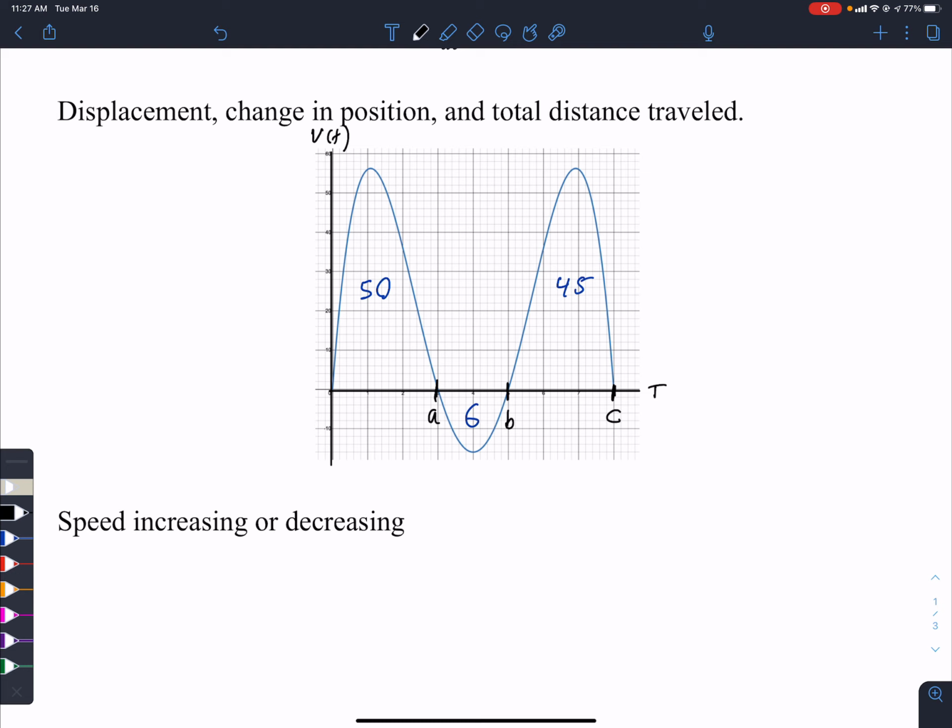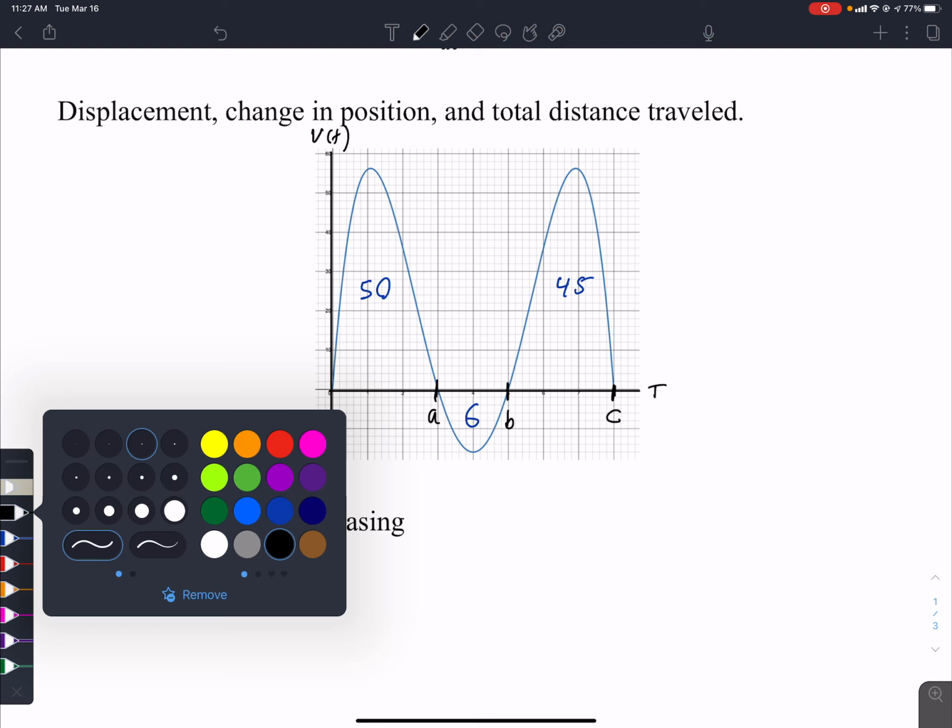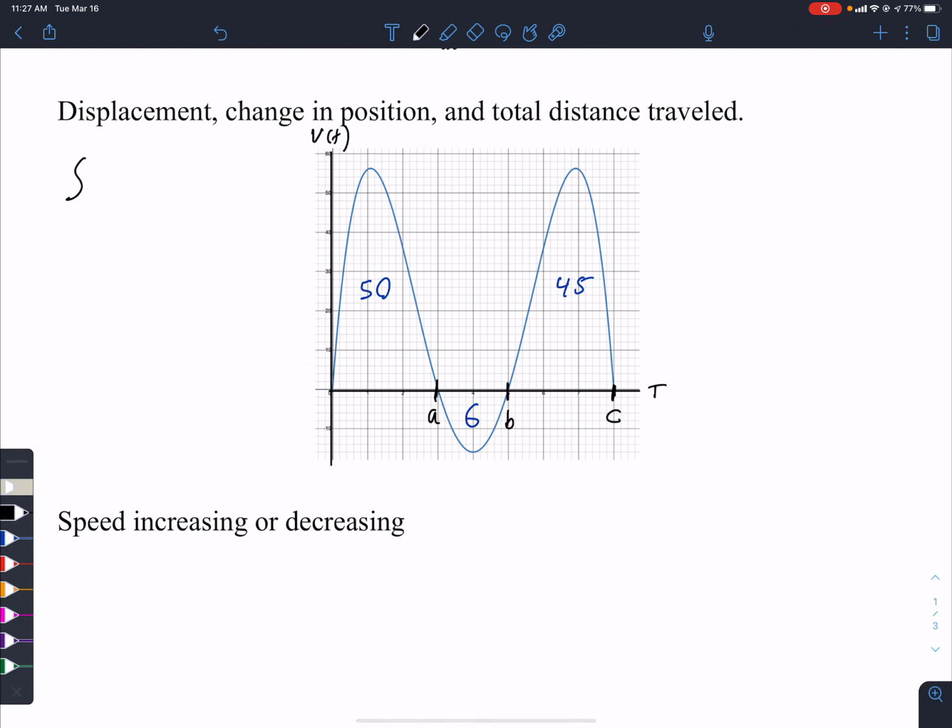So you need to understand the difference between displacement, change in position, and total distance traveled and how they are related. So if you integrate the velocity, I'll go from 0 to A, you would get 50. Now remember what velocity is.